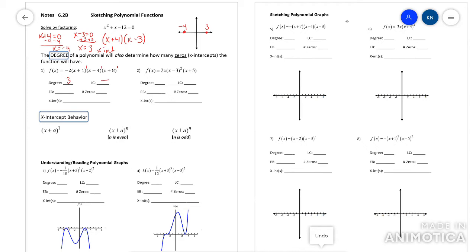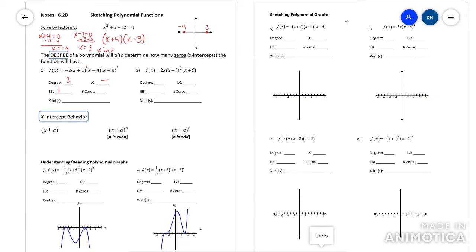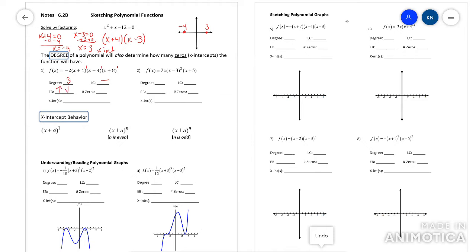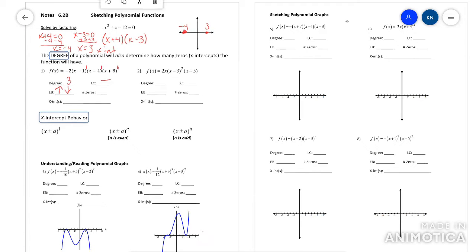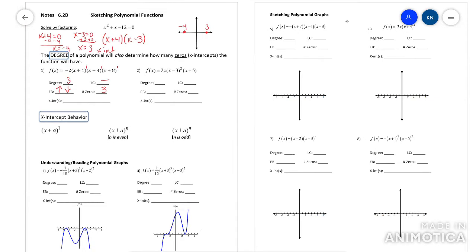Now, the end behavior of an odd degree with a negative leading coefficient is up-down arrows. And if you don't know what I'm talking about, go watch the previous video. The number of zeros generally matches the degree. So this one would have 3 zeros. And by the way, when it says zeros, it's just talking about x-intercepts. So keep that in mind.